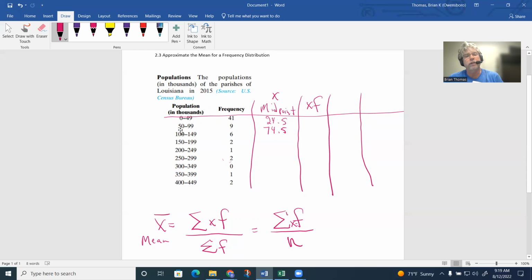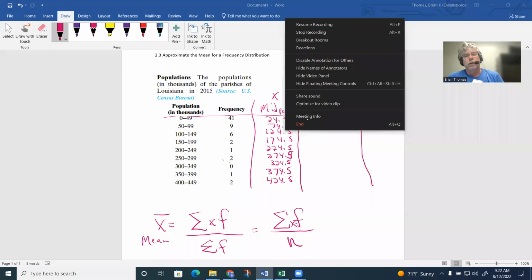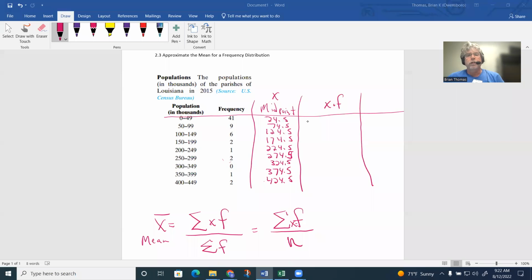To move from class to class, you add 50. Looking at 24.5 to 74.5, that's a difference of 50. So we can move from midpoint to midpoint by simply adding 50 each time. I'm going to pause a moment and add 50 to each one of those. So I've completed my midpoints.